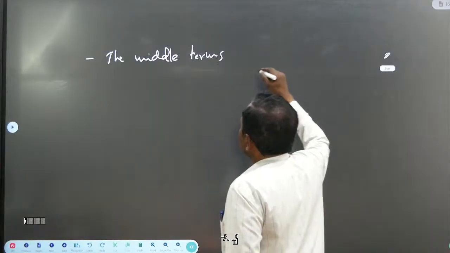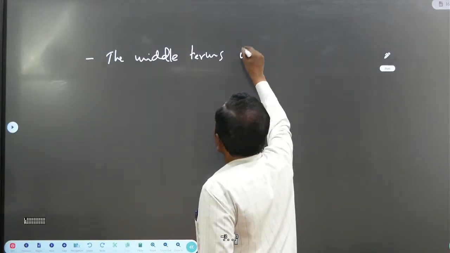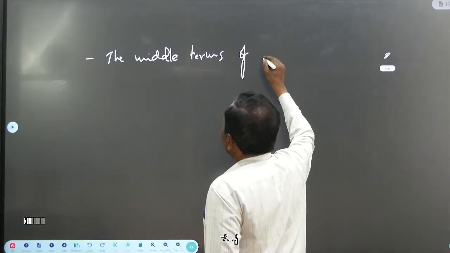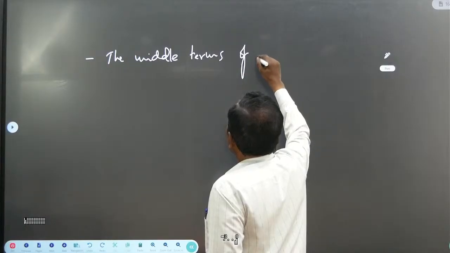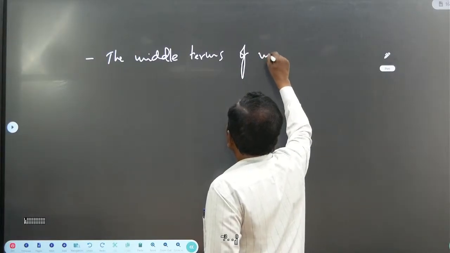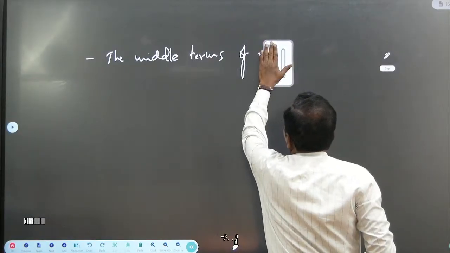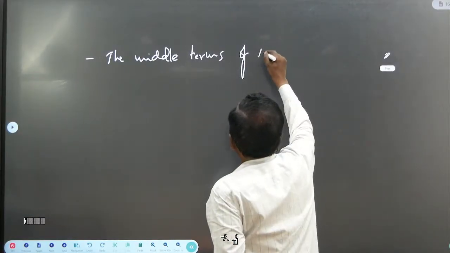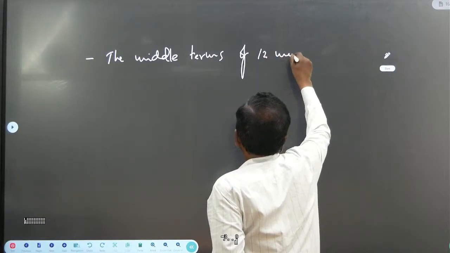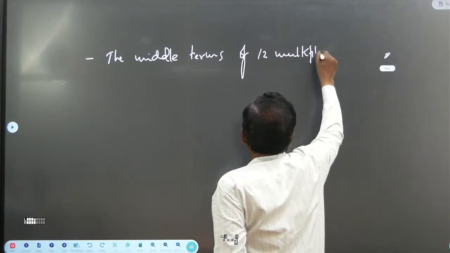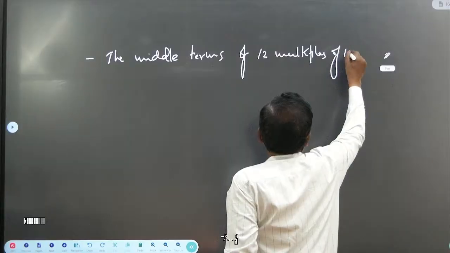The middle terms. For even only give, sir. Yes, the middle terms of 12 multiples of 12 will give, sir. I put 12.